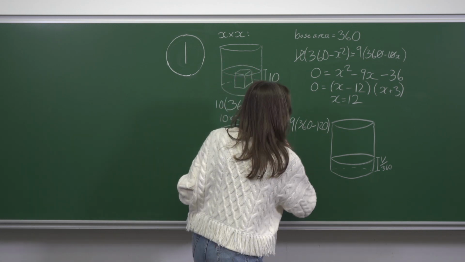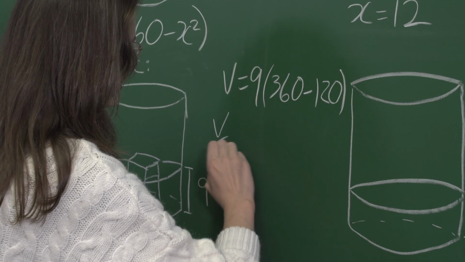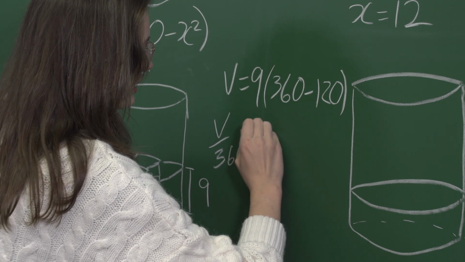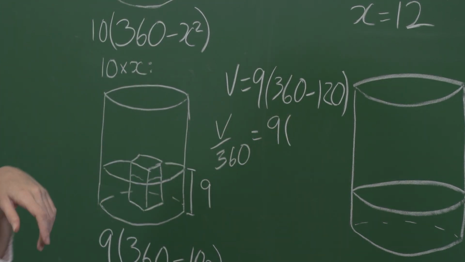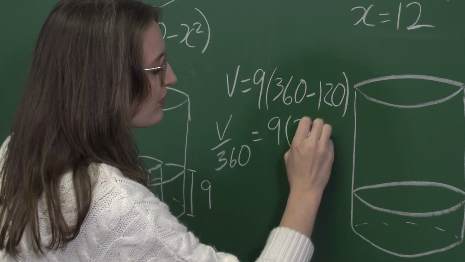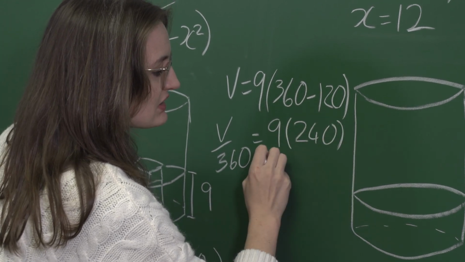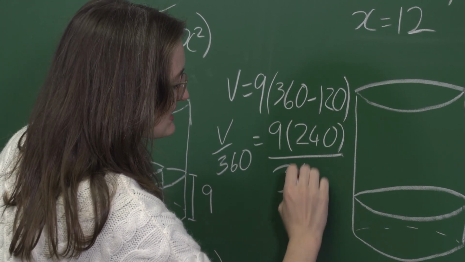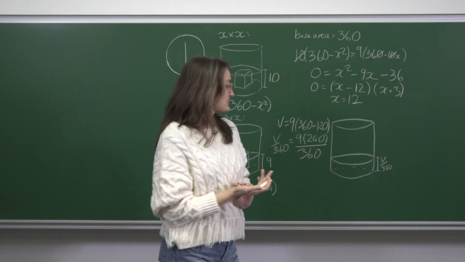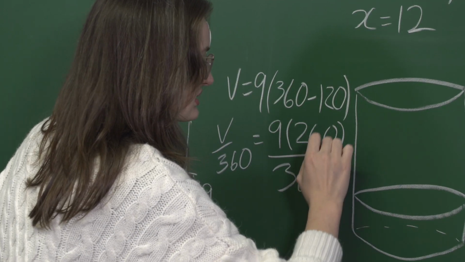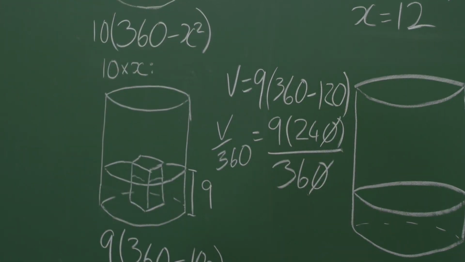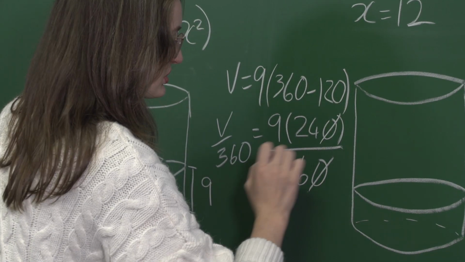So V over 360 is 9 times, I'll do the subtraction anyway, that's 240, divided by 360. That's something which is fairly easy to start cancelling. I can cancel multiples of 10 out and multiples of 6.